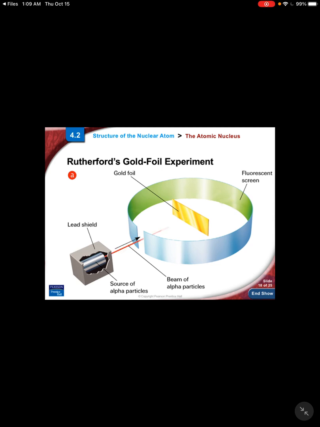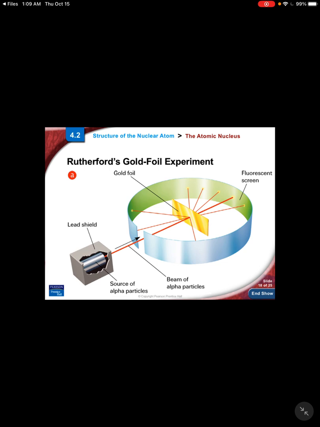But what he discovered was that when he passed the alpha particle beam through the gold foil, the great majority of the particles passed through and exposed the film on the opposite side of the beam. But occasionally, rarely, a particle was deflected.